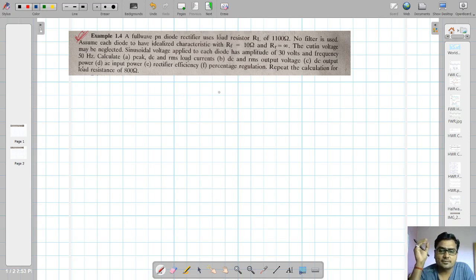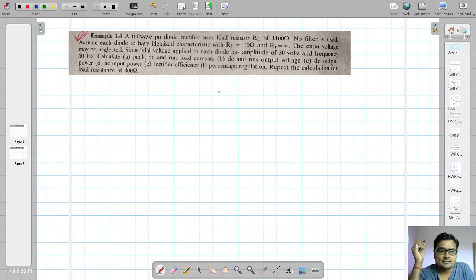RF means the forward resistance of a diode, which is given as 10 ohm, and RR is equal to infinite. RF is forward resistance, whereas RR is the reverse resistance of a diode. So when the diode is in reverse bias, it will act as an open circuit. Infinite resistance is there. That's what they have specified.